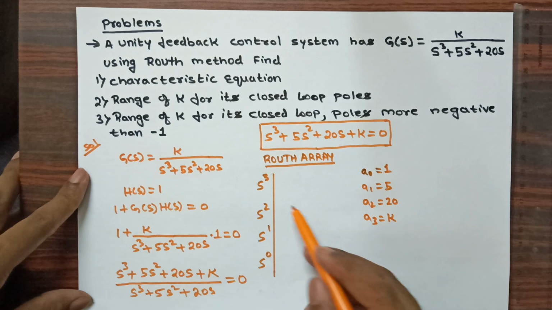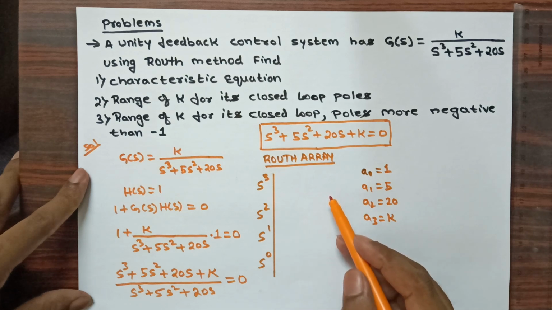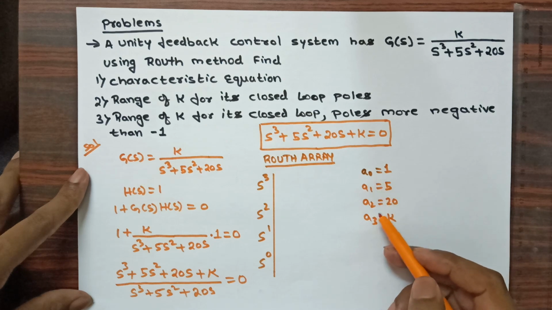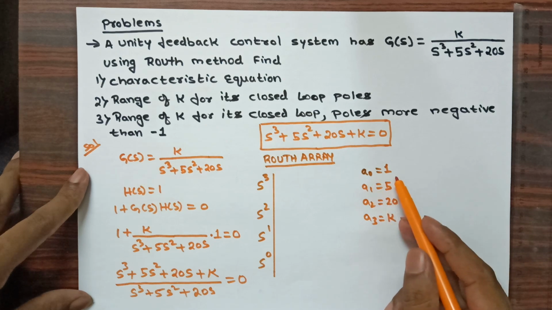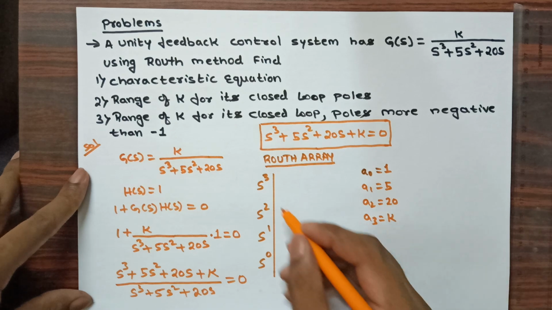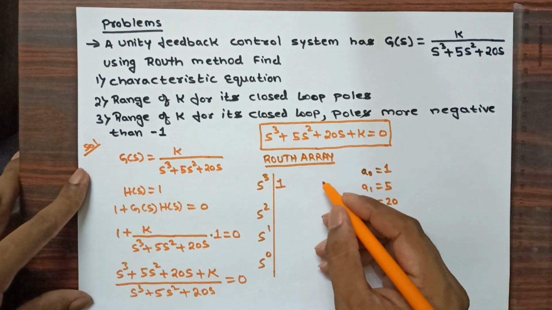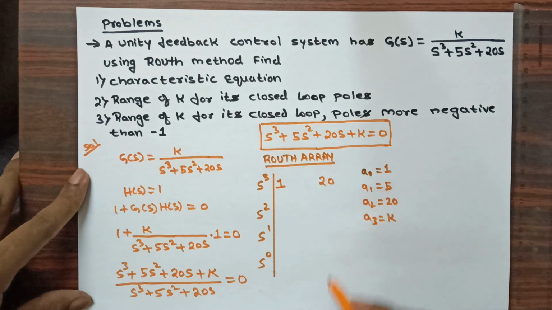In the first row we consider the even coefficients, that is a0 and a2, where a0 is 1 and a2 is 20. First I write the a0 value, and then the a2 value 20.